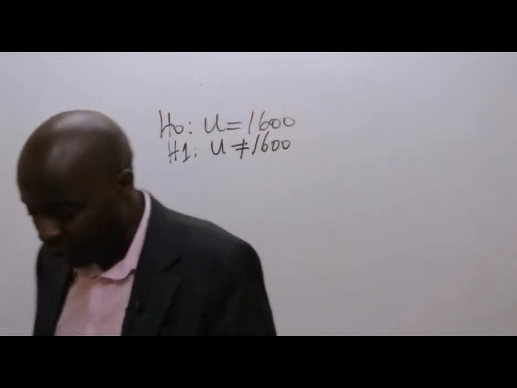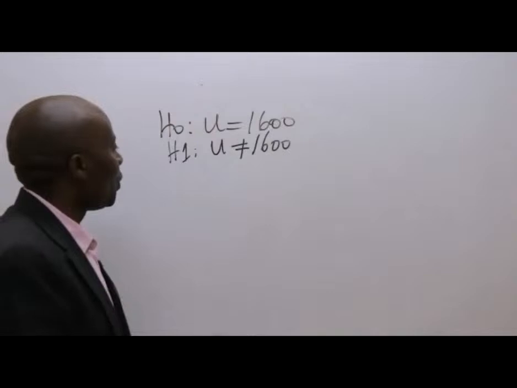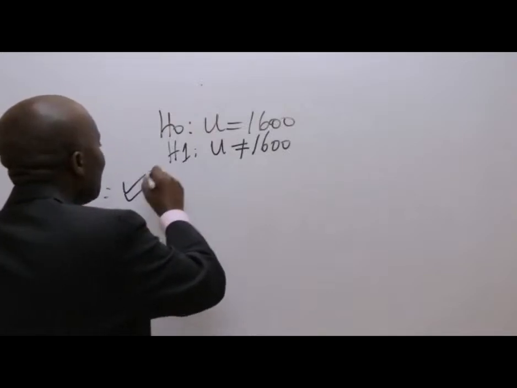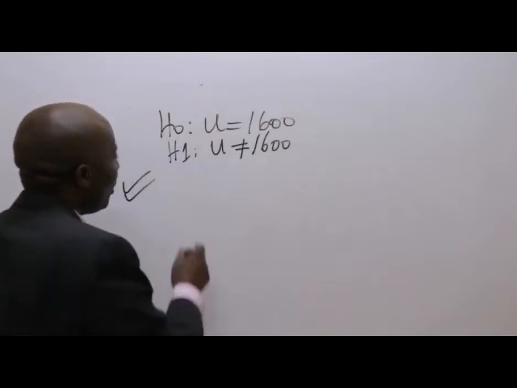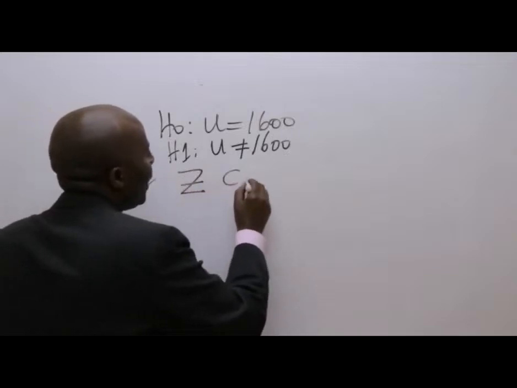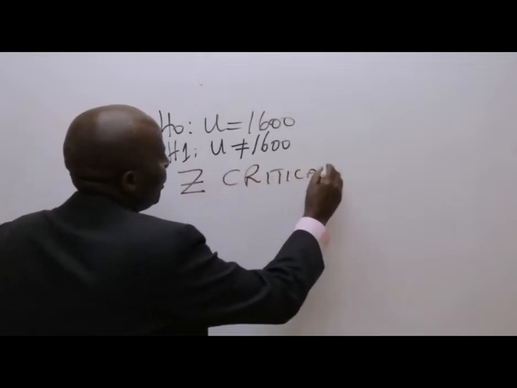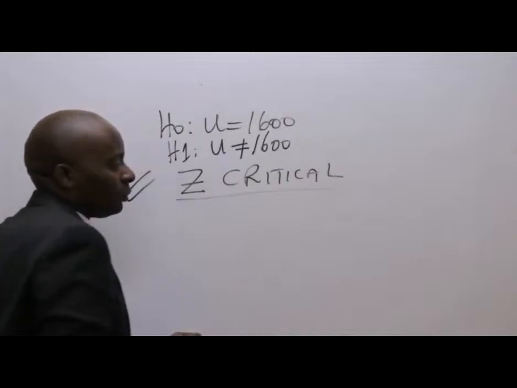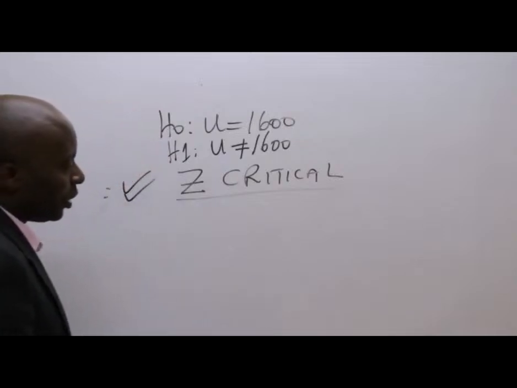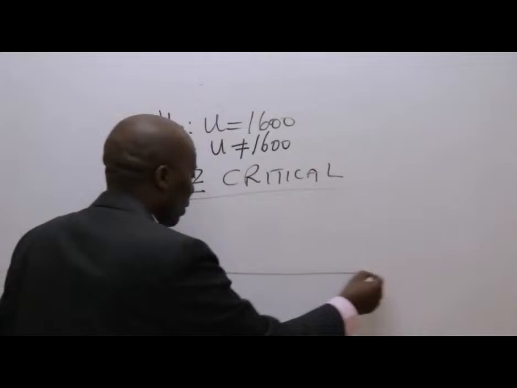Step number 2, ladies and gentlemen, given that this is a large sample, come and give us the Z critical. So for the Z critical, we have to draw our good diagram.